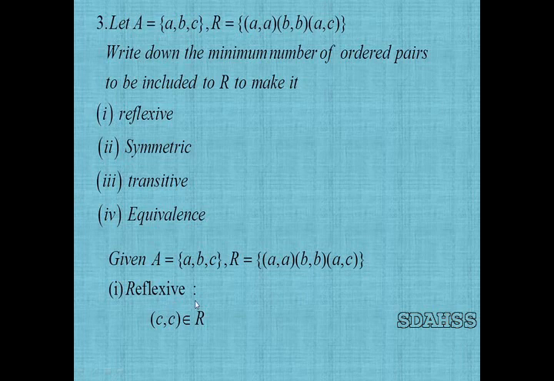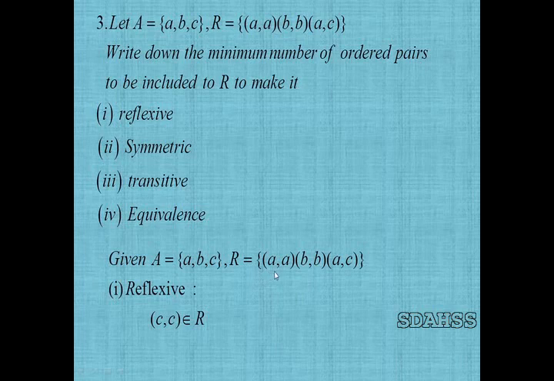First of all, reflexive. What do you mean by reflexive? Reflexive means a is related to a, that is (a, a). Now you compare all the elements. Here 3 elements are given, a, b, c. Now check all the elements.